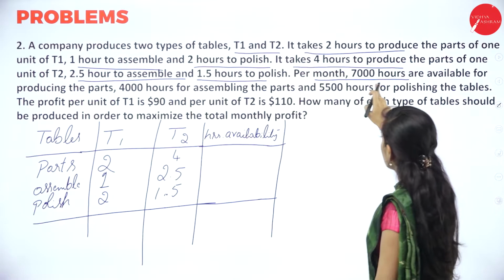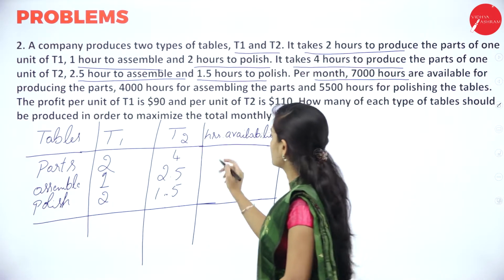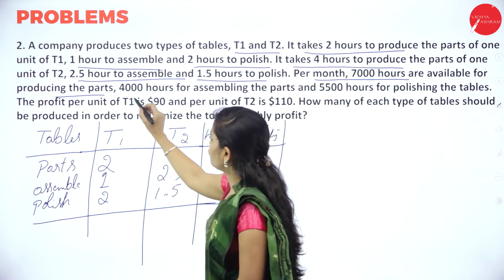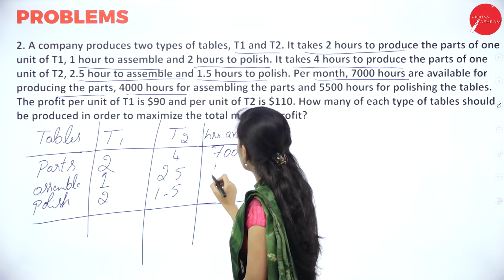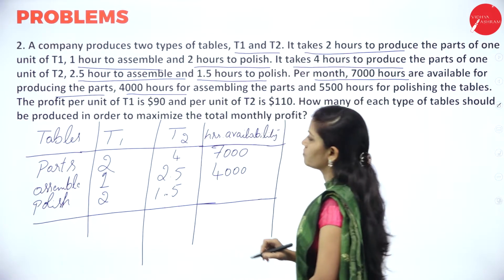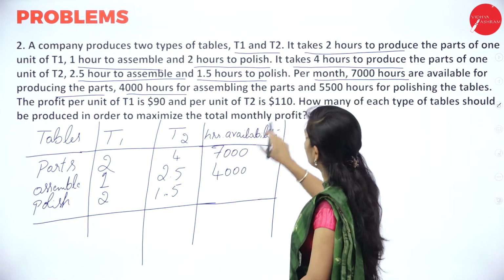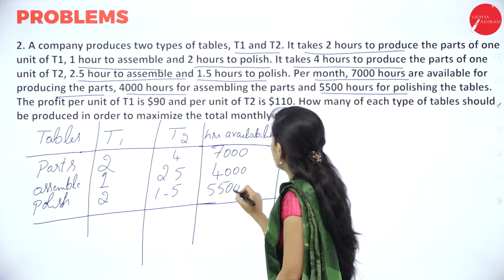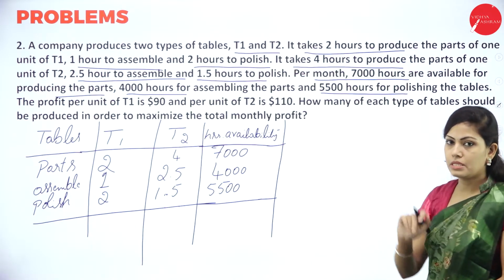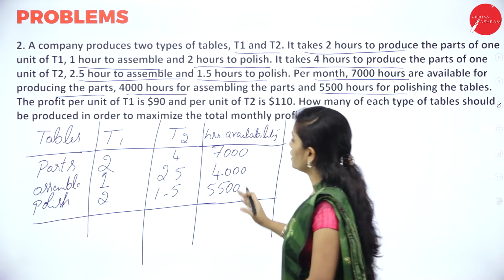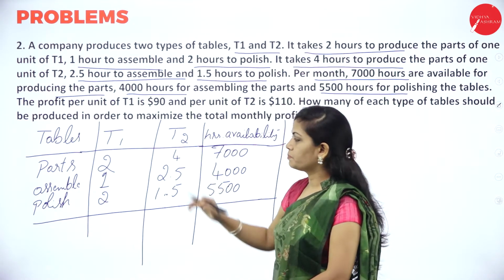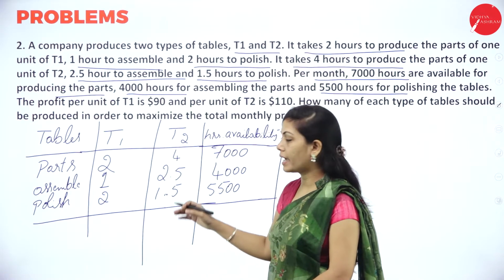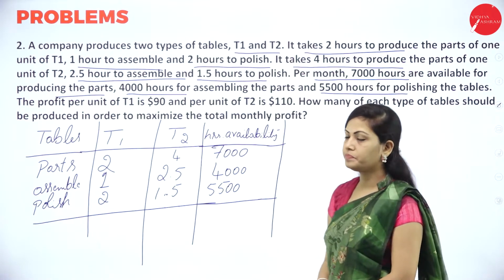That is, per month 7,000 hours are available for producing the parts, and 4,000 hours for assembling the parts, and 5,500 hours for polishing the tables. So first write all the availability for producing the parts, for assembling the parts, and for polishing the tables.